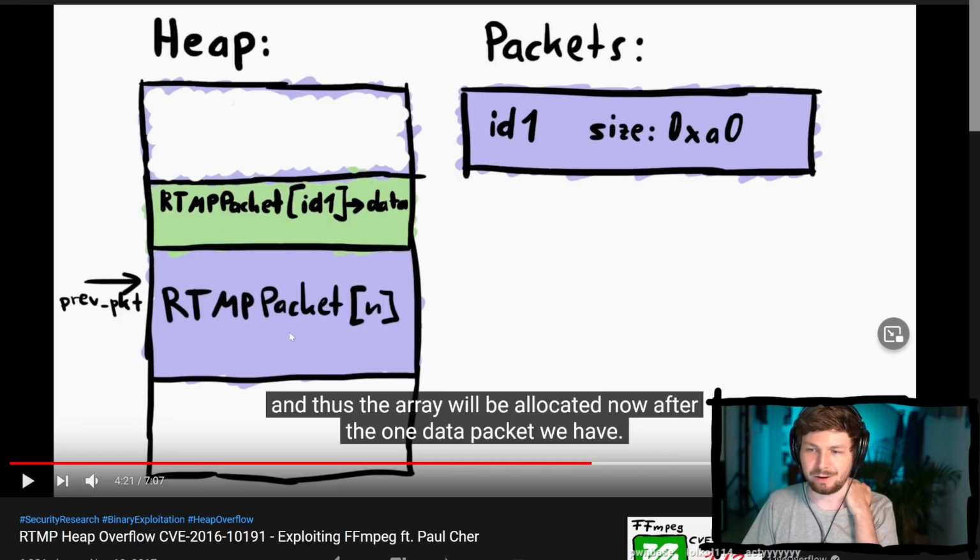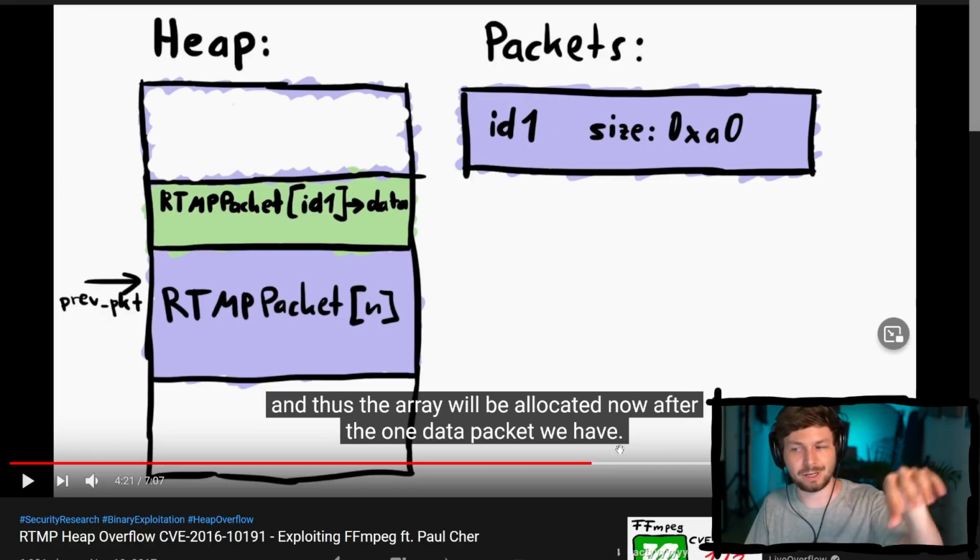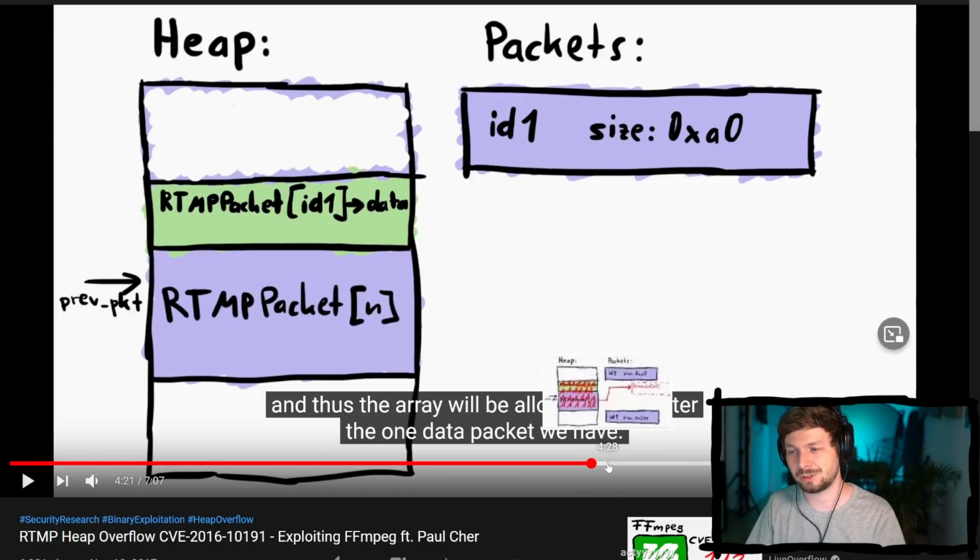So now we have this array, and like I said, this array contains pointers to where the data chunks are. So if we overflow this array with the pointers, we can specify the address where, if we then try to write a different ID packet, we write to whatever address we have overwritten.